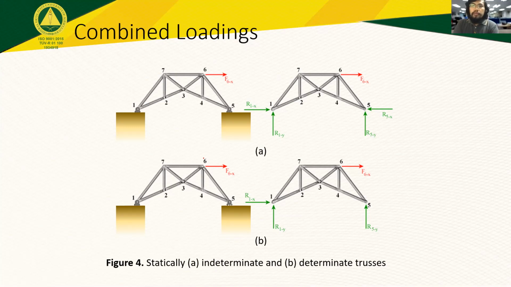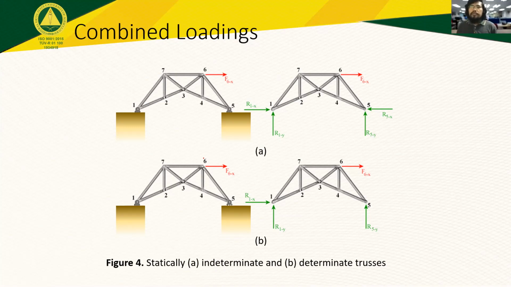And if you're going to look at this figure, we have 7 joints, and the 7 joints would have given the 2 pin connections, we have 14, and given a force at 0.6, that would total 15 unknown reactions or forces.